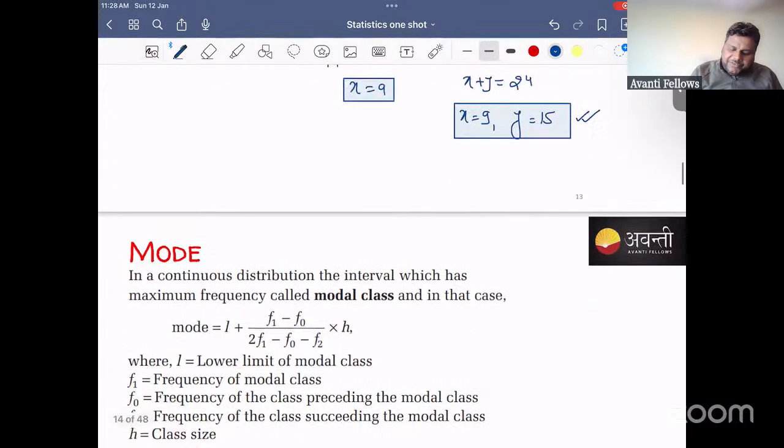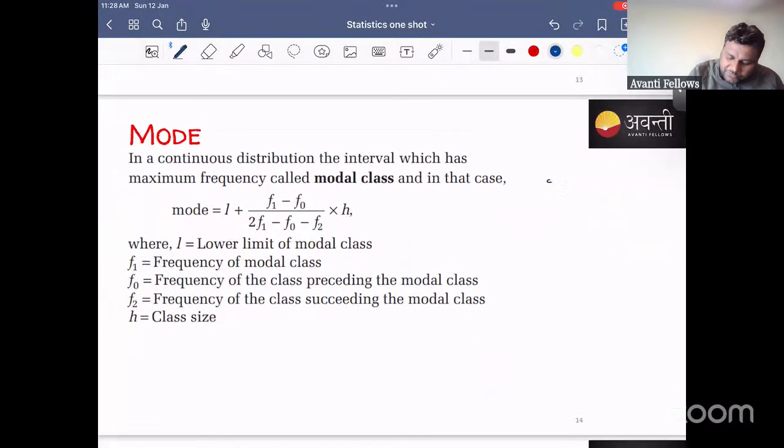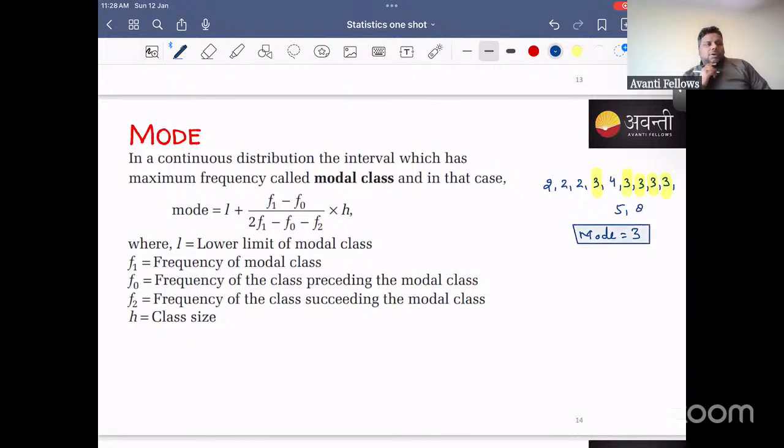Like in the discrete frequency distribution, if I have data of 2, 2, 2, 3, 4, 3, 3, 3, 3, 5, 8. Now, if you see, this 3 is repeating 5 times, the maximum number of times. So in that case, mode of this data is going to be 3.